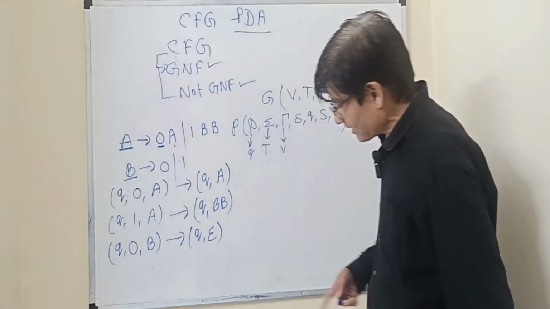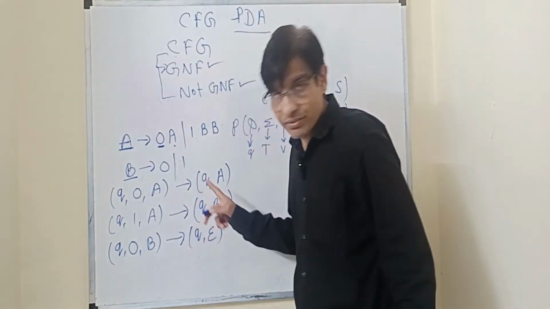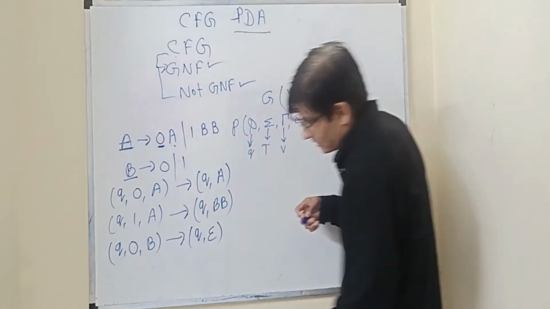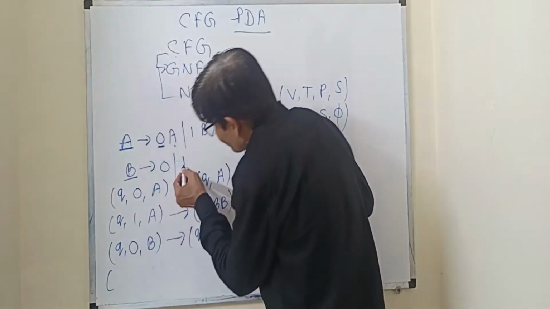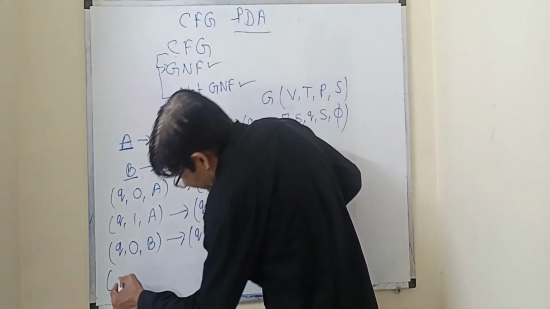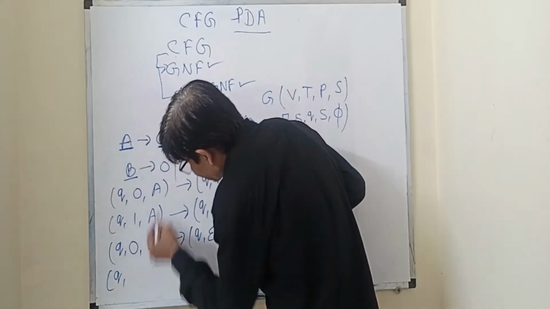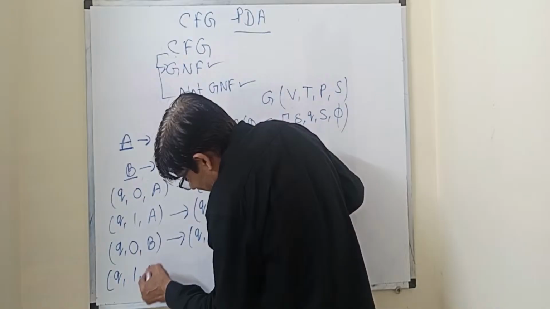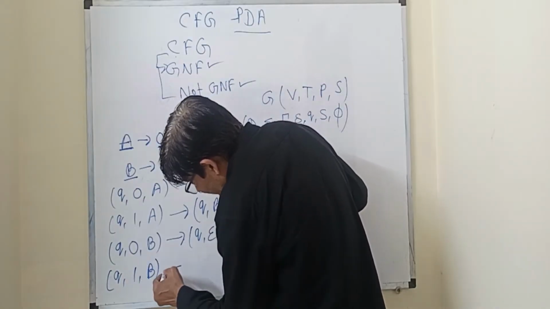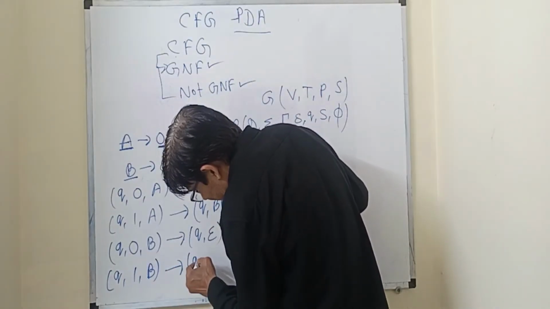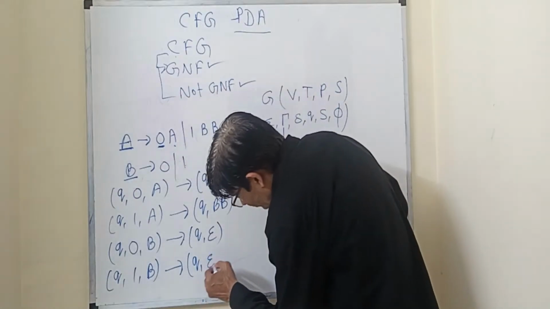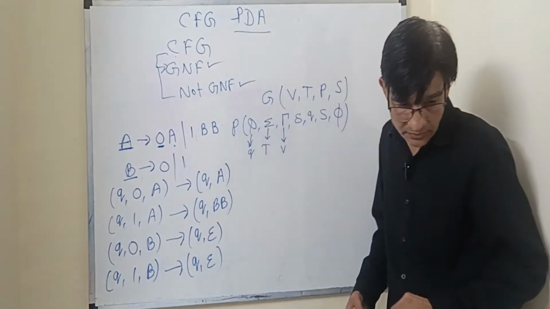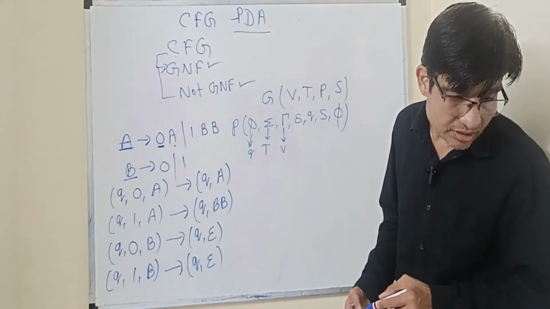Epsilon here means we will pop the element from the stack. Again, for this production, we can write Q, then current input 1 and stack top B, then Q and epsilon.